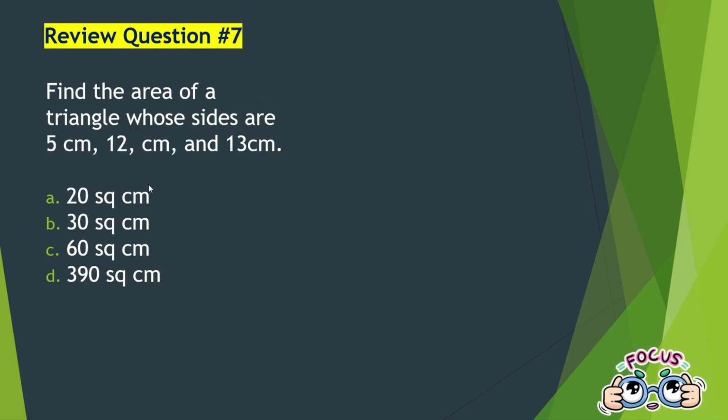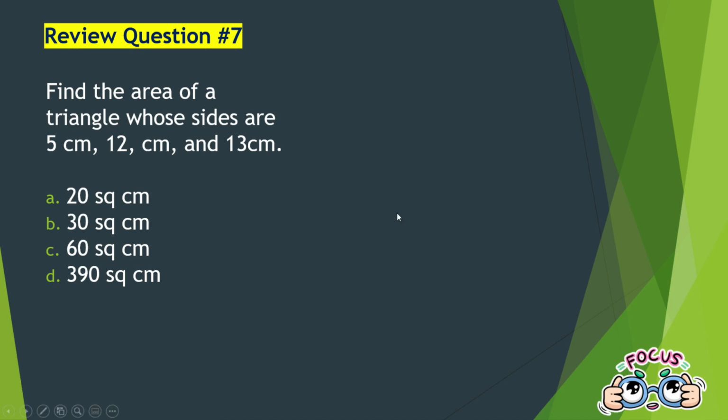Review question number 7. Find the area of a triangle whose sides are 5 cm, 12 cm, and 13 cm. A 20, B 30, C 60, and D 390 square centimeter. So we all know a while ago, we have determined that 5 cm, 12 cm, and 13 cm can make a right triangle.